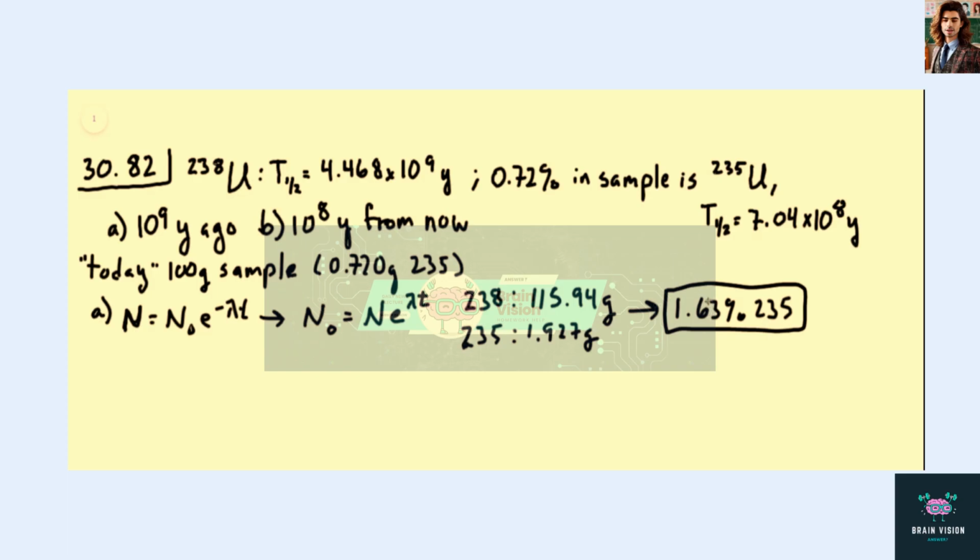And so the percentage of it in the sample should have been higher back then. And similarly, we should expect that 100 million years in the future, there's going to be an even lower percentage of the 235 because, again, it's decaying faster. I think that direction is maybe a little bit more obvious.